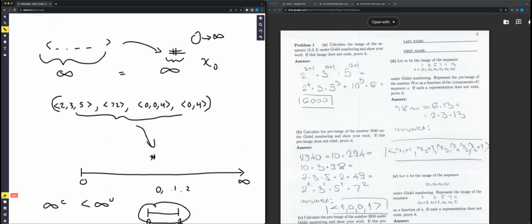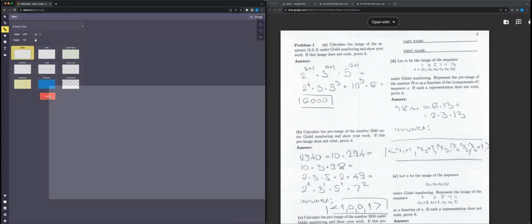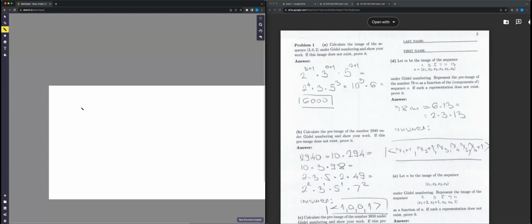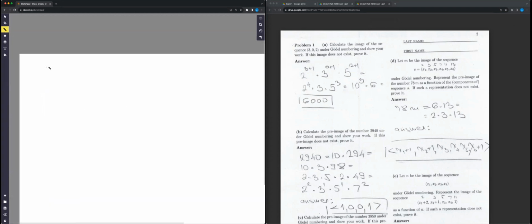Okay. That's just the theory. And now for how to answer exam questions. The way Godel numbers work is you have a tuple and then they map to a number. When you convert from tuple to number, you have to add one to the exponents. And when you convert back, you subtract one from the exponents.